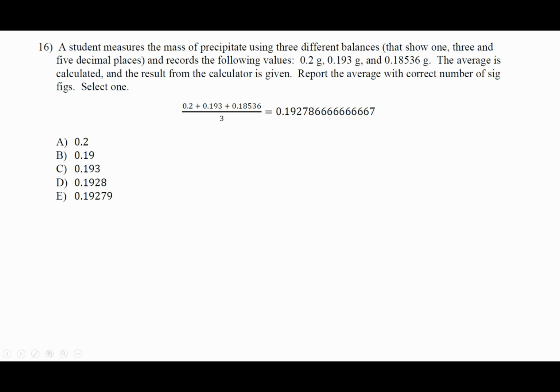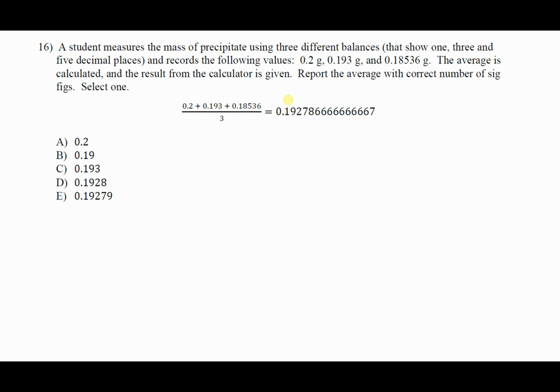A student measures the precipitate using 3 different balances, one that shows 1, 3, and 5 decimal places, and records the following values: 0.2, 0.193, and 0.18536. The average is calculated, right?